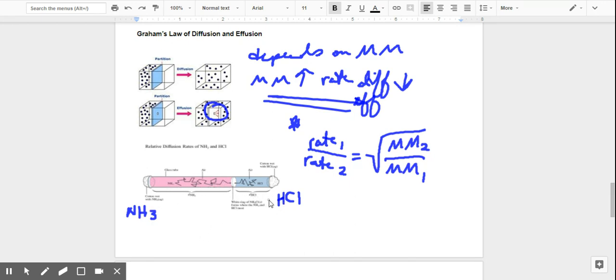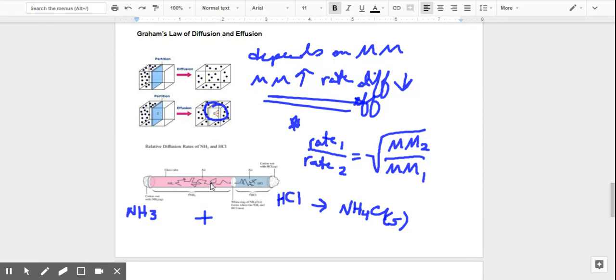When these two mix, they react with one another: NH3 plus HCl yields NH4Cl, which is called ammonium chloride. Ammonium chloride is a solid that is produced, like a white ring that shows up in the tube.